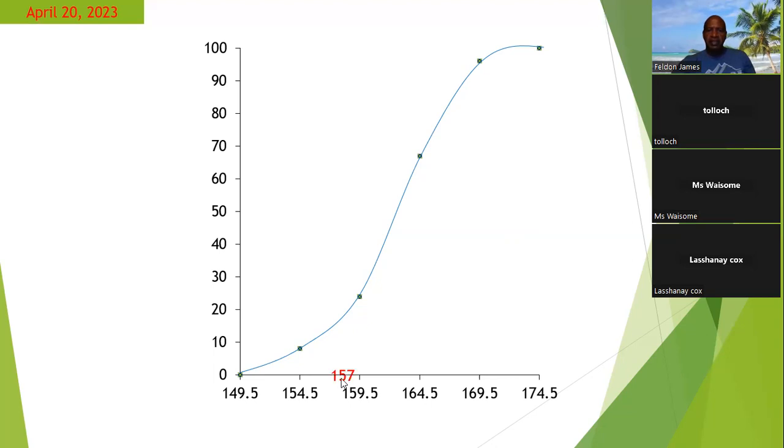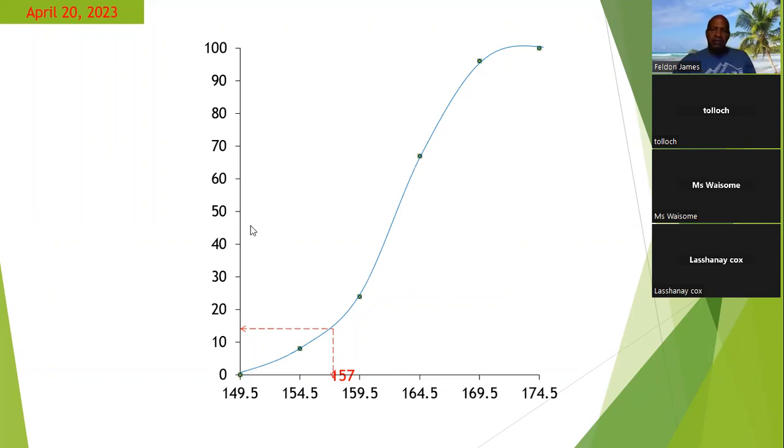So on your x-axis, your 157 would be somewhere approximately there. So what you would do, you would draw your dotted line up to meet your curve, which is the ogive. And then now you draw your horizontal line to meet your vertical axis. Now from your vertical axis, you're going to determine the number of men who have a height less than 157.